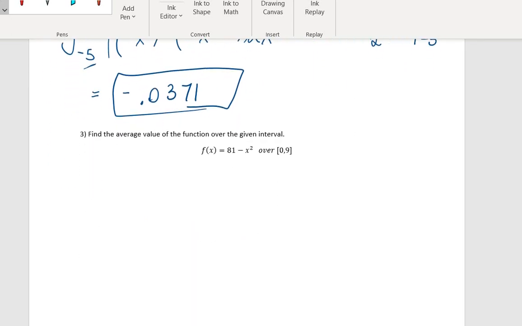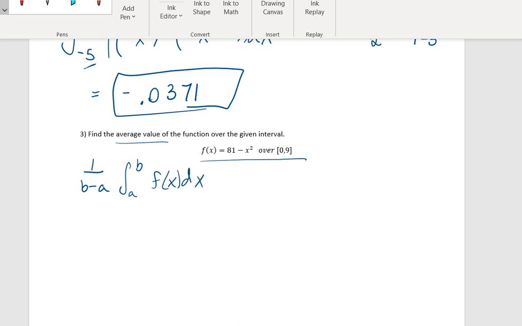Awesome. So the very last question asks us not to find the area, but to find the average value. Remember, the average value formula is 1 divided by b minus a times the integral from a to b of your function f of x dx.